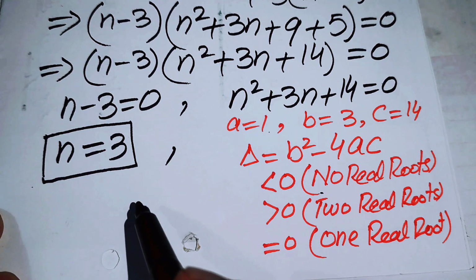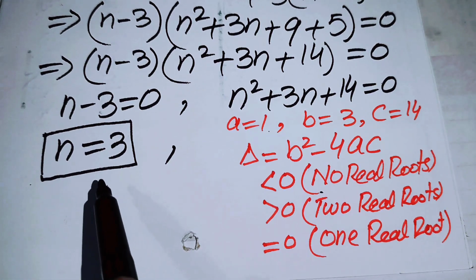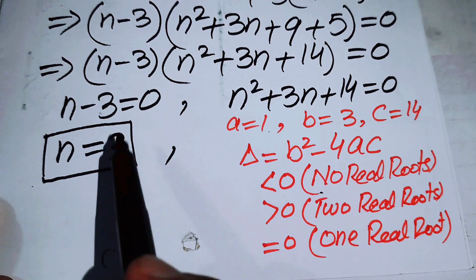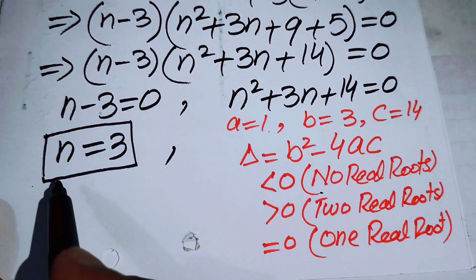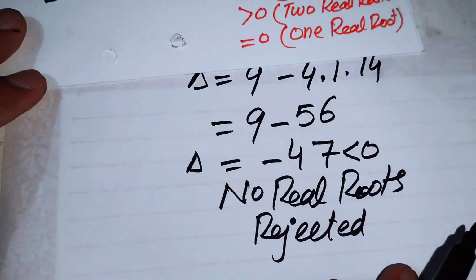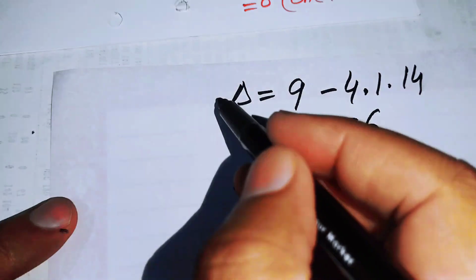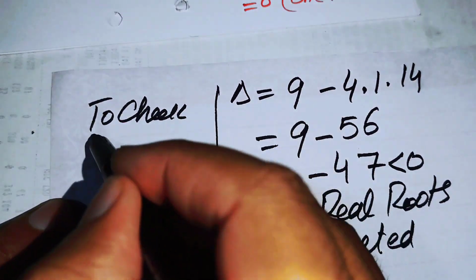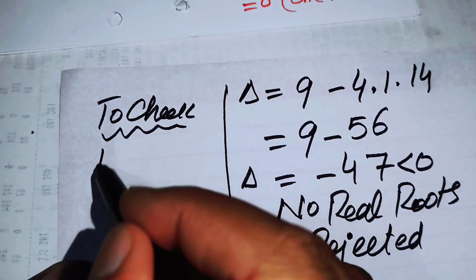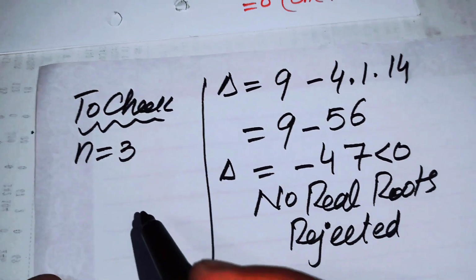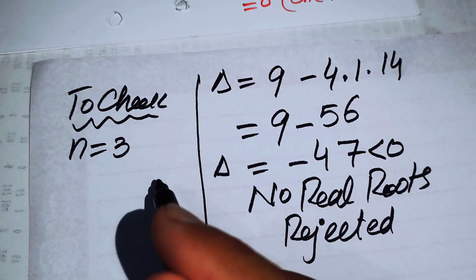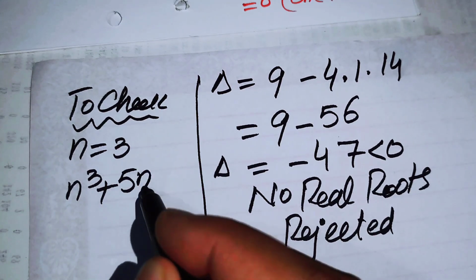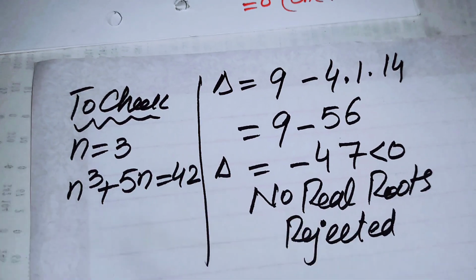Now in order to check the root, we put n is equal to 3 in the given equation, so that we can check the solution. The given equation is n cubed plus 5n is equal to 42.